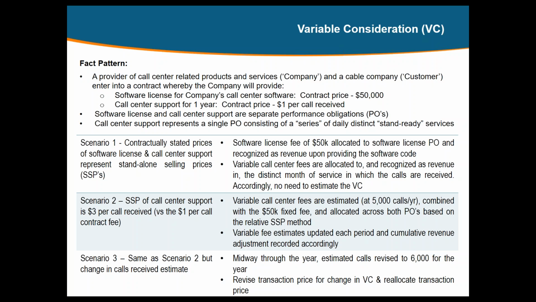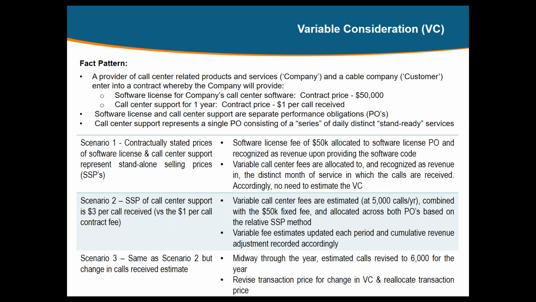So we'll go through scenario 1, which I think will help illustrate this concept. In scenario 1, assume the contractually stated prices of the software license and the call center support represent the standalone selling prices. So in this case, what the series guidance says is, remember, going back to step 4, you would generally allocate your transaction price on a relative standalone selling price basis.